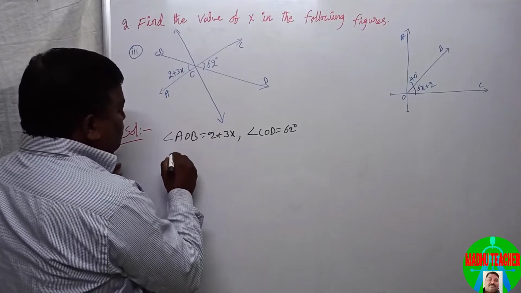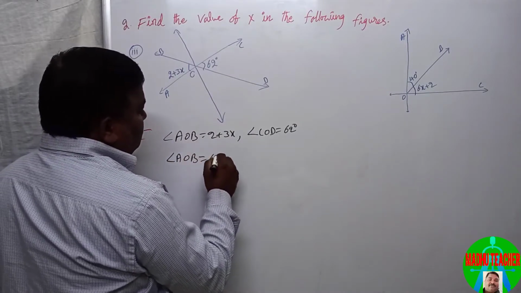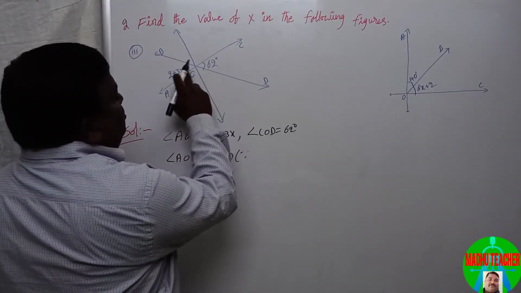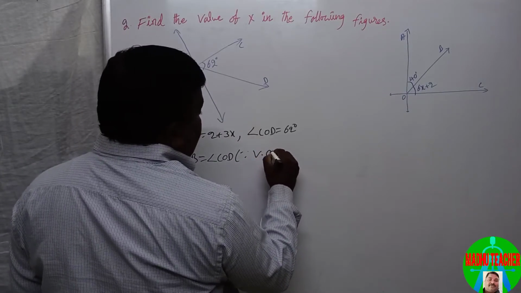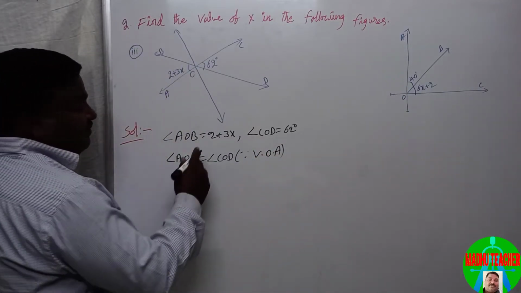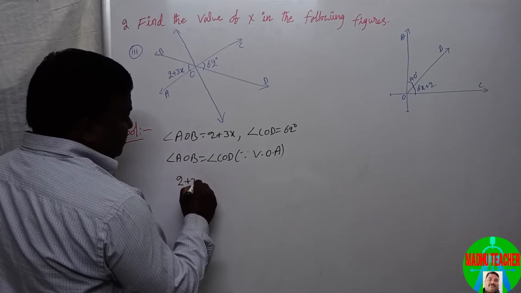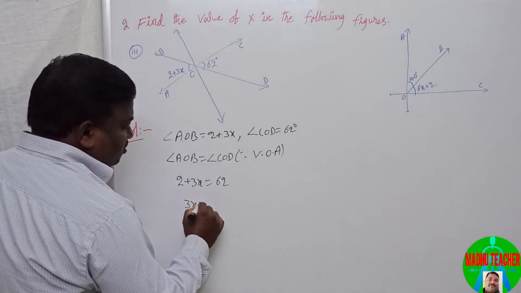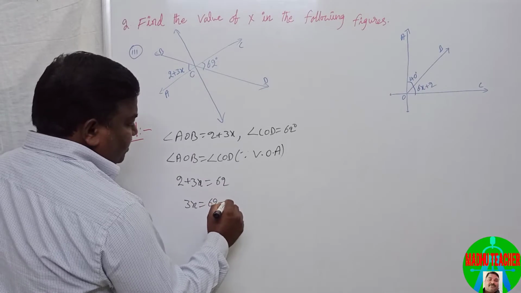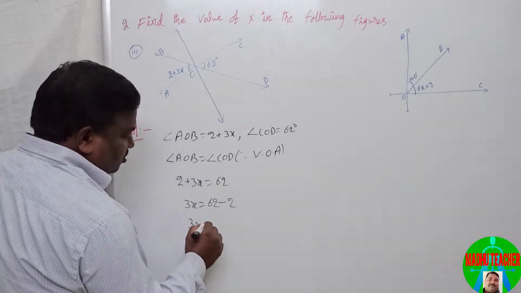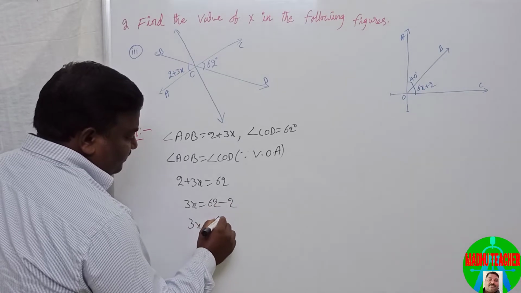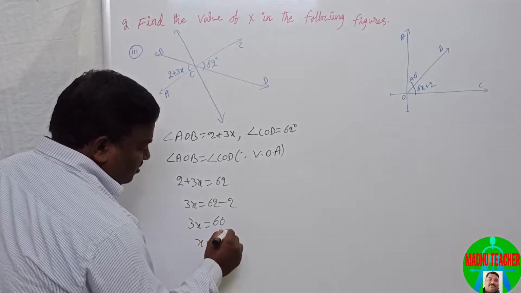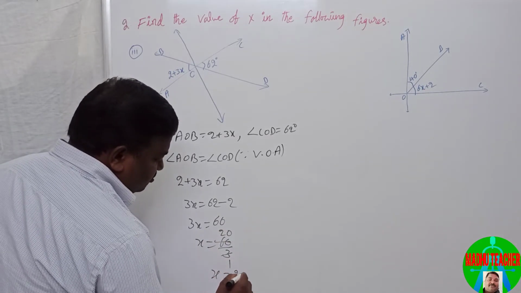By observing these two, angle AOB equals angle COD, since these two are vertically opposite angles. So AOB, 2 plus 3x, equal to COD, 62 degrees. Then 3x equal to 62, transposing to the right side it becomes minus 2, so 3x equal to 60. Then x equal to 60 by 3, which is 20. Therefore x equal to 20 degrees.